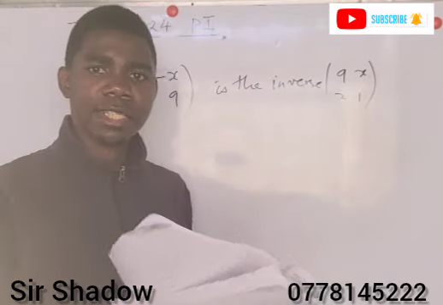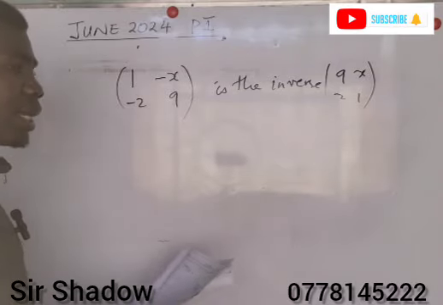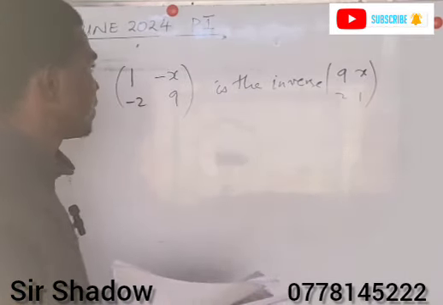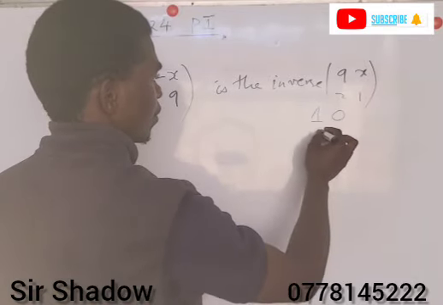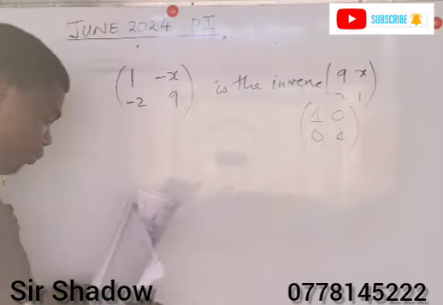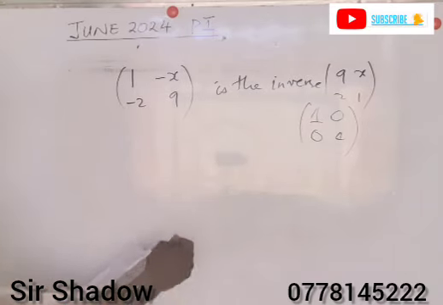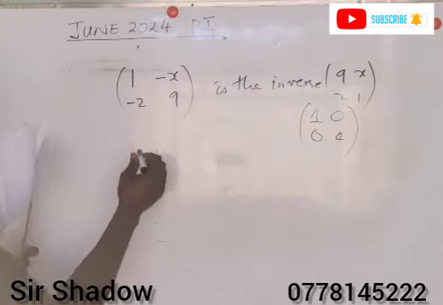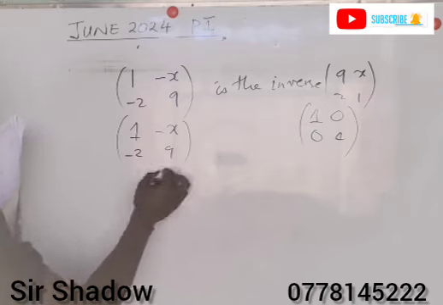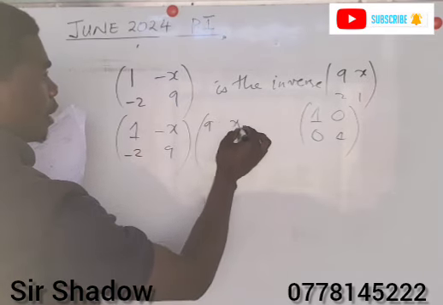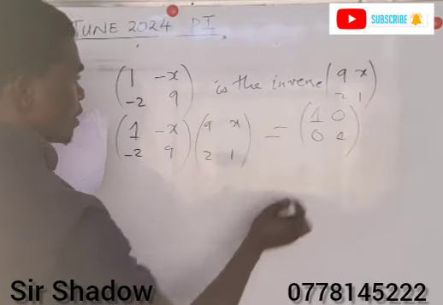We know that when a matrix is multiplied by its inverse, it gives what we call the identity matrix, which is 1 0 0 1. So we are saying the inverse multiplied by its matrix, should give us this matrix.